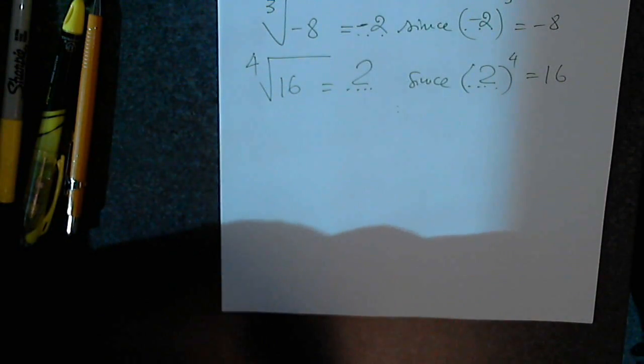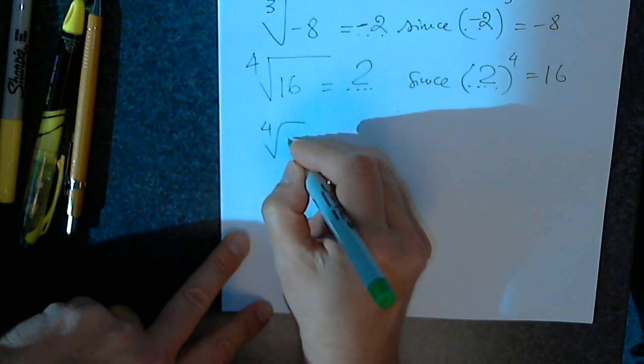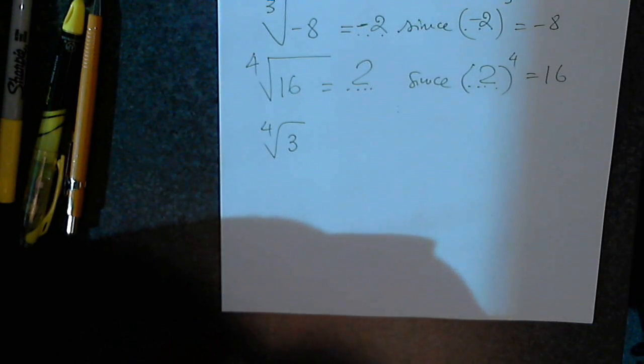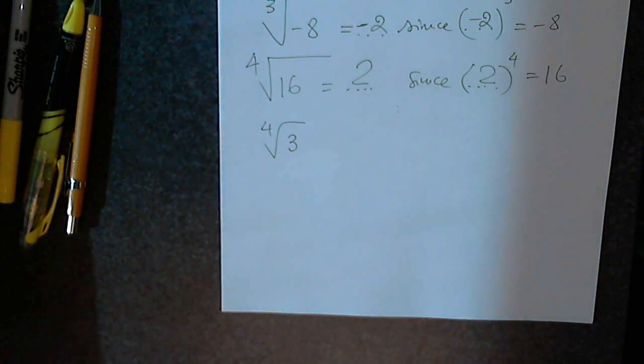Now let's say I have to find the fourth root of 3 for whatever reason in a word problem, which we will have soon, but not immediately because we need 5 sections of rules to go through. How do I determine this? Okay, here it is.